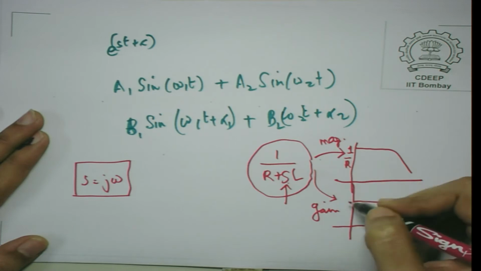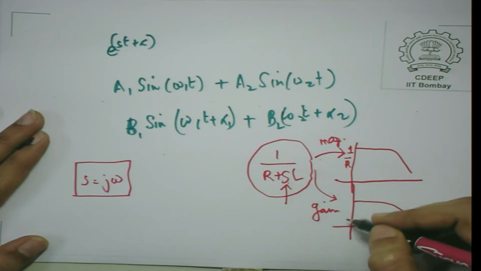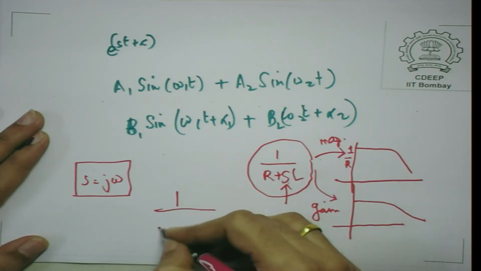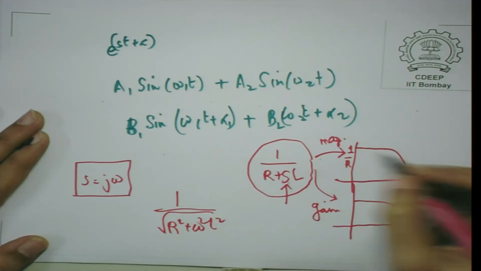But in case you put larger and larger frequencies, the denominator magnitude increases. So, you will find that the square root of R square plus omega square L square is the denominator magnitude, and if you plot this, you will get a curve of this kind.